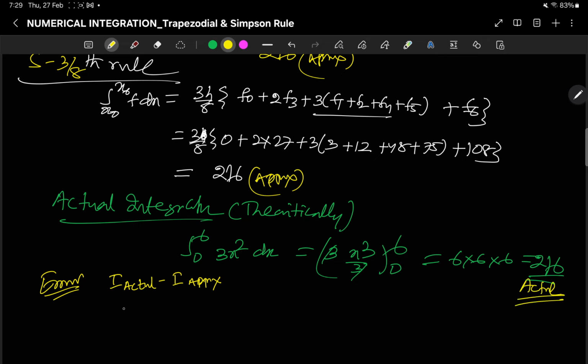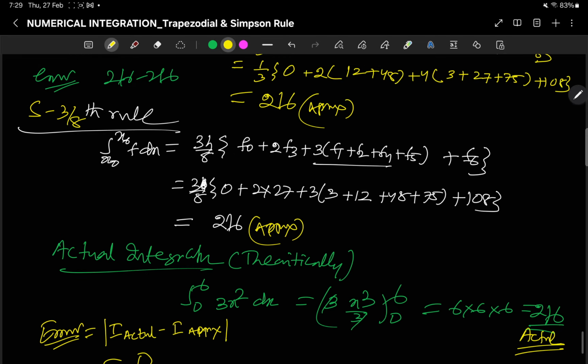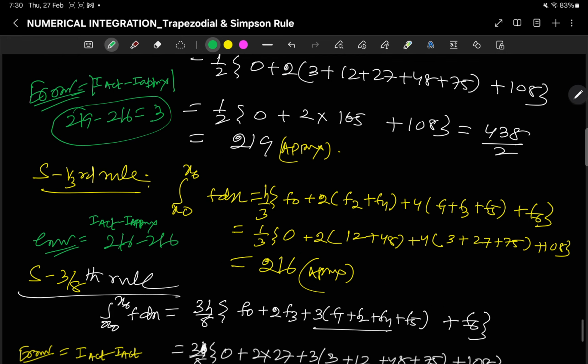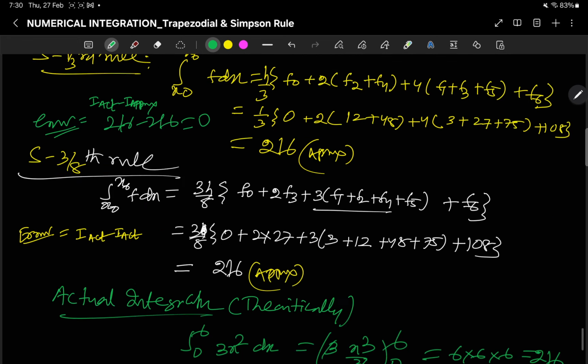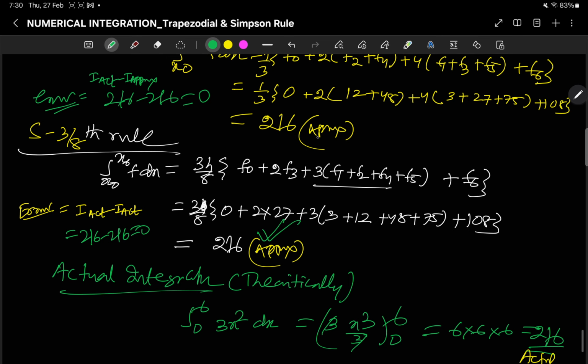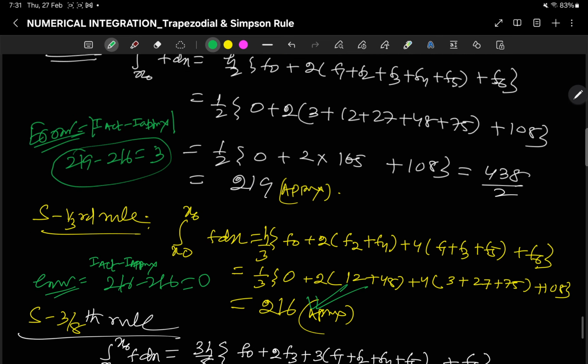So the error is I actual minus I approx. I can take the mod to avoid the negative sign. So here the error is 0, and here the error is also 216 minus 216, which is 0. So this is the better one, but in the case of the trapezoidal rule, the error is more.